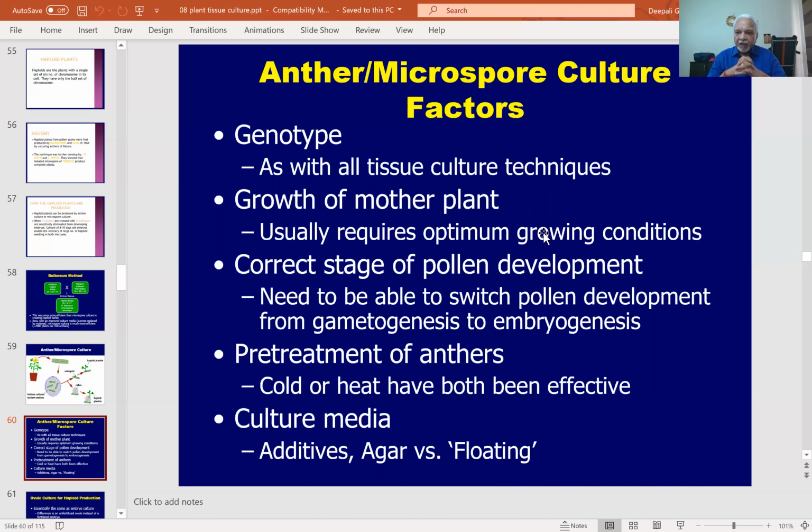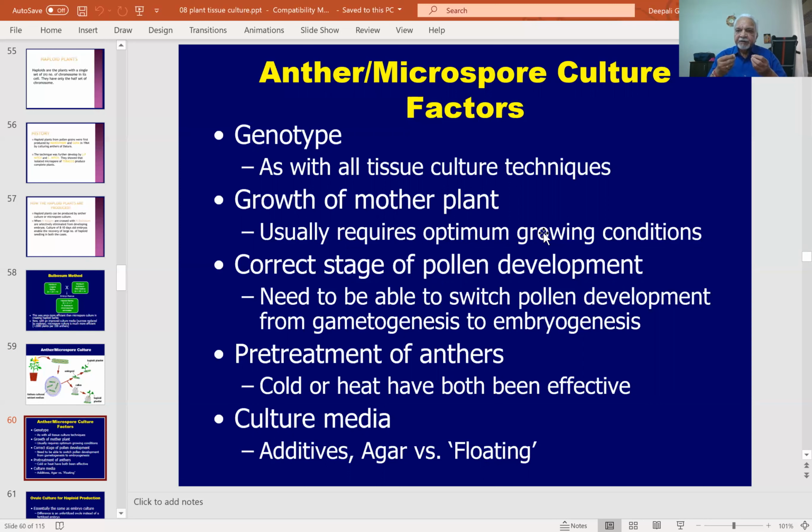And then the pre-treatment. Like seed germination, where you pre-treat with cold and heat and other sorts of treatments for effective germination, similarly here pre-treatments may or may not be required, so one has to optimize this also.